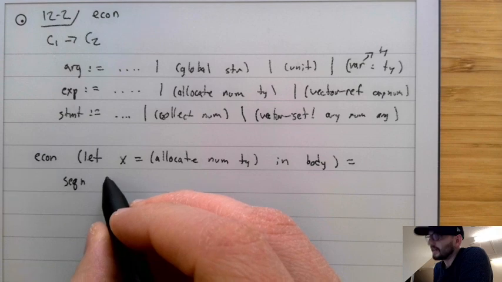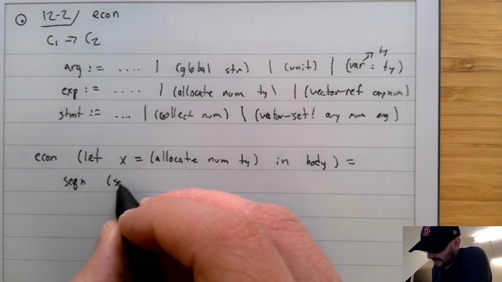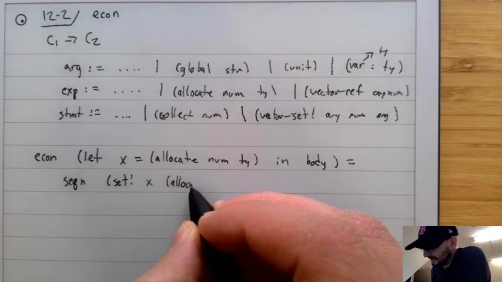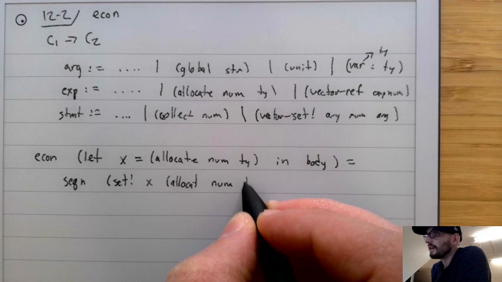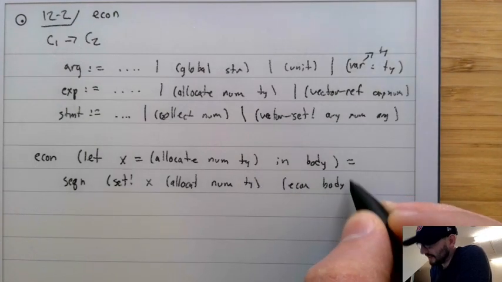So it's a sequence of the new, in this case, a set bang of x and allocate of the number and the type, inside of the econ of the body. That's the obvious case.